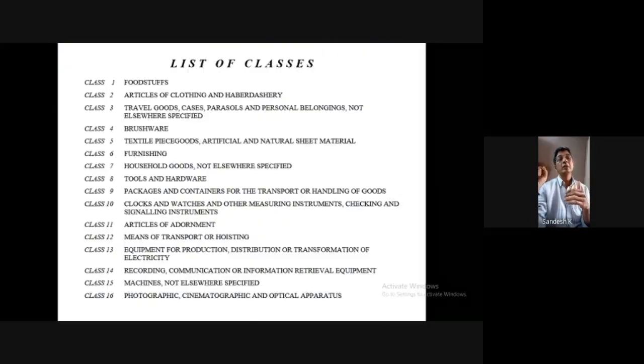You should define it when you go ahead for registration. You have to define under which category, which class you are going to file it. This is specifically important, whether it's foodstuff, clothing, a travel good, a brush, a household furnishing, or which specific industry it is going to be useful for. So this class you have to specify. That is most important, because, see, the camera could be there, and there is a separate category for photography equipment.